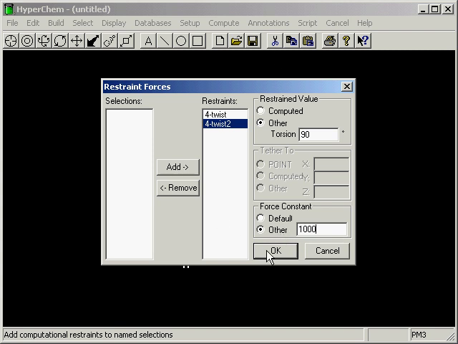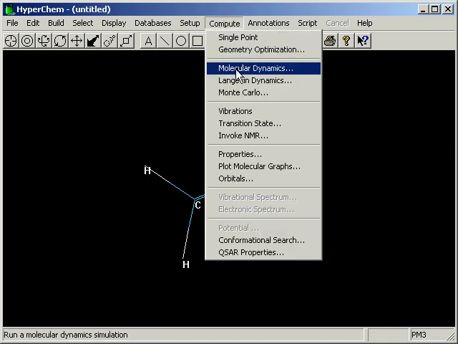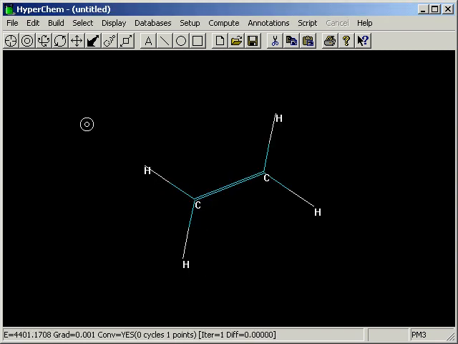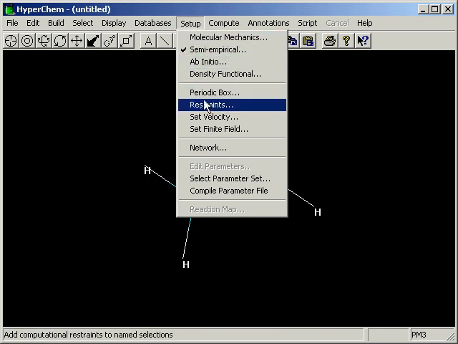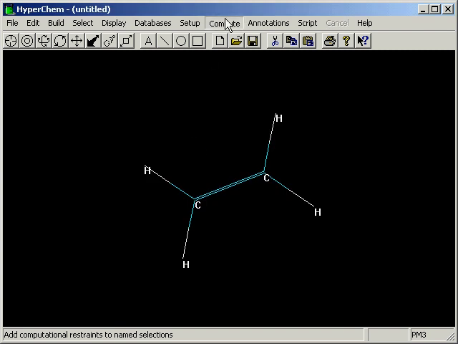So now we have restrained these two variables, and if we go ahead and do the optimization again, what's 90, 90, 90? Okay.